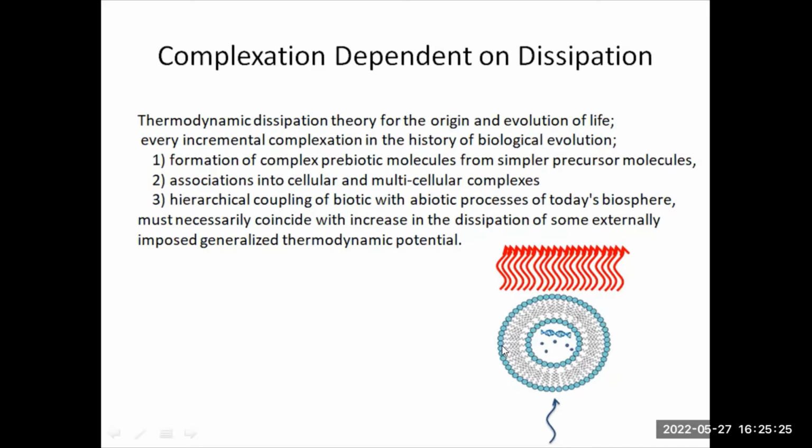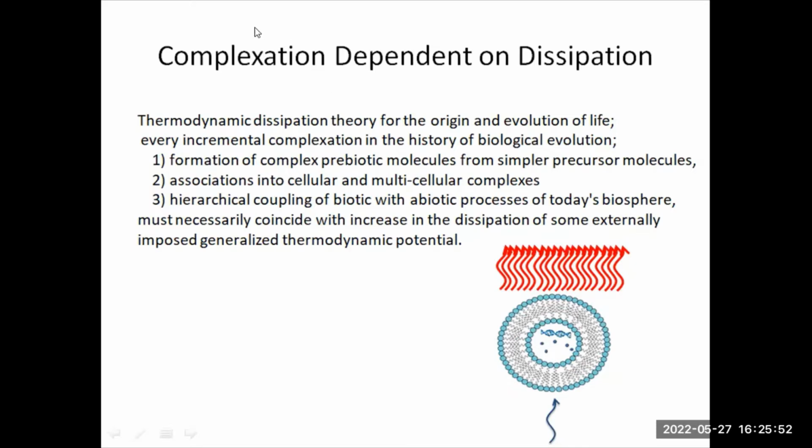Otherwise, such a process should not happen, because every process which happens out of equilibrium has to produce entropy. And still another process is the coupling of biotic and abiotic processes. For example, the water cycle with the absorption and dissipation of photons in the leaves of plants today.